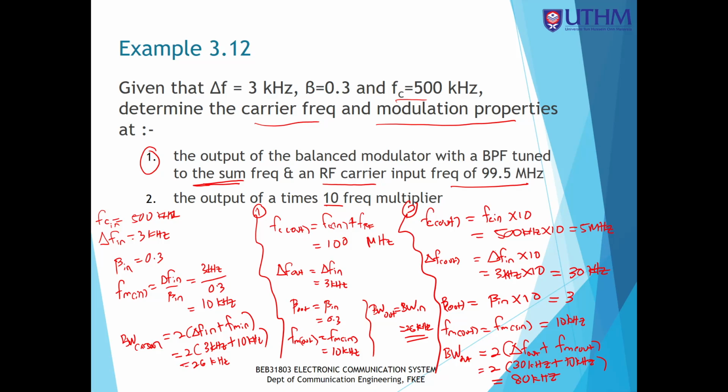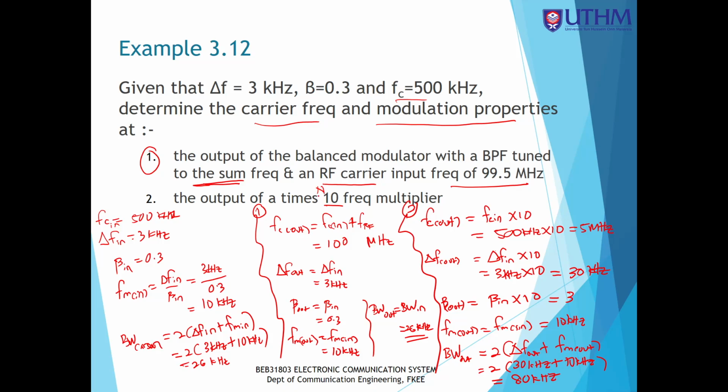Yes, the last equation, question 2. Can you repeat, please? Question 2 asks what happens to the output parameters if we use the multiplication method, with multiplier value n equal to 10.